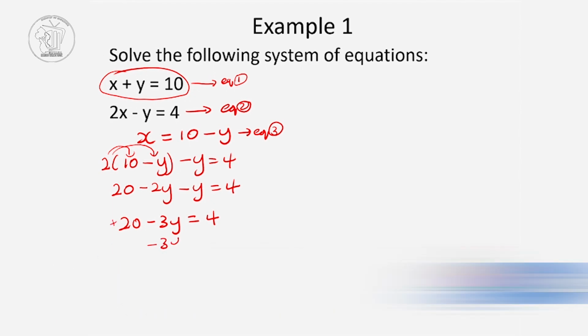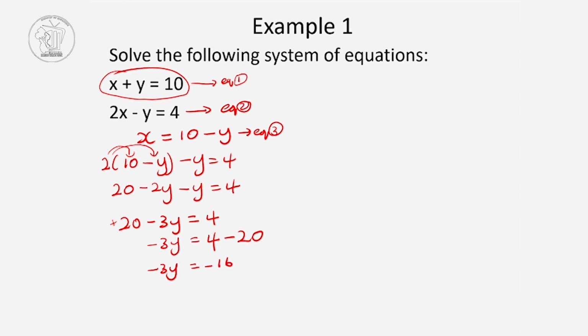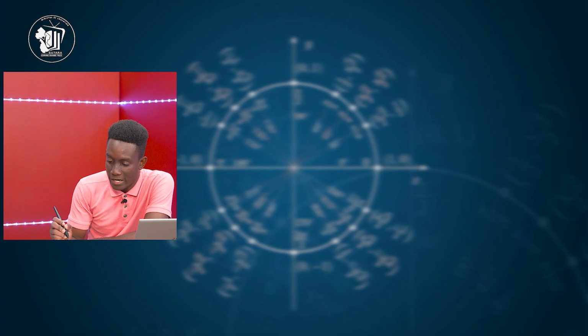So we'll have negative 3y is equal to 4 minus 20, which gives us negative 16. Now we want to solve for y. We have the negative 3 multiplying the y, so when we take it over, it will divide. So y is equal to negative 16 all divided by negative 3. This negative will cancel out that negative, so y is equal to 16 over 3. And that would be the value of y.